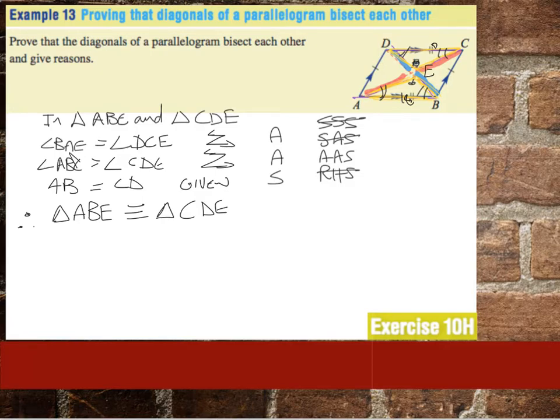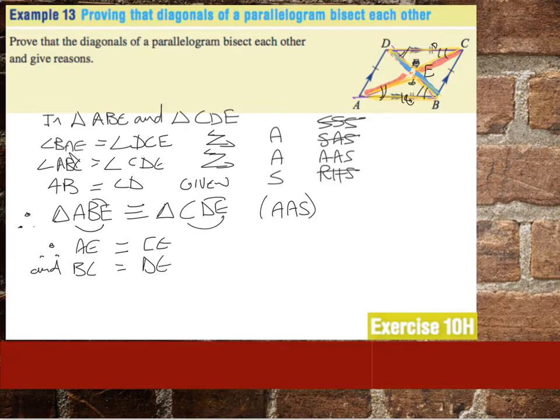Now, because these are congruent, it means that AE must equal CE. So I'm going to say, therefore, AE equals CE. And so we proved that the two red ones are correct. And BE equals DE.